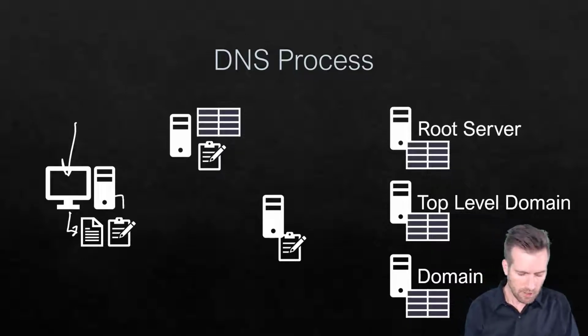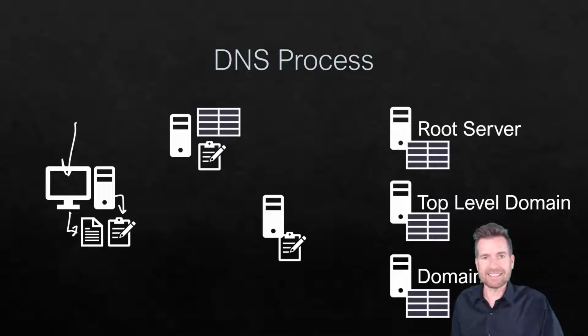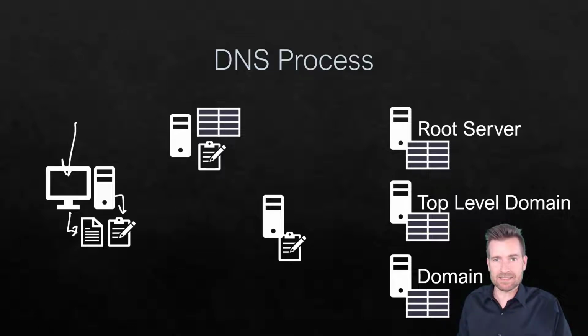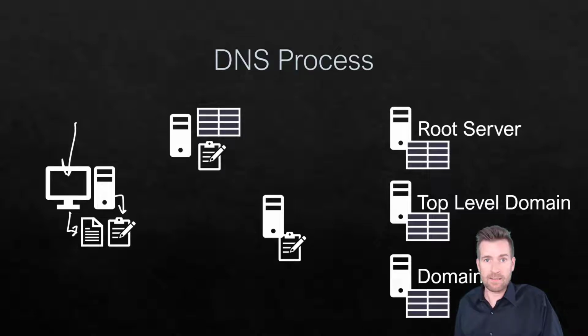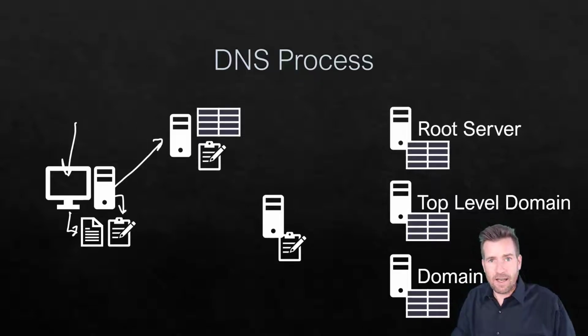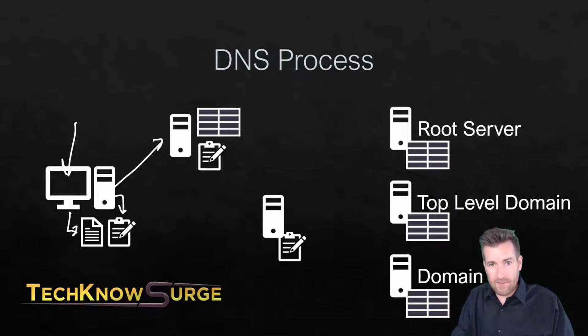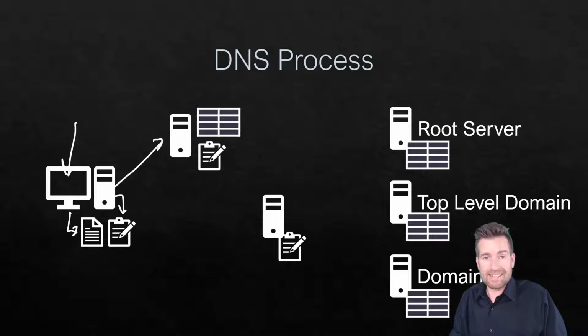All right, then I'm going to take a look in my cache and see if it's in my cache. Have I accessed this recently and it's in my cache? No, I've either not accessed it before, or my time to live on this record is gone and it no longer exists in my cache. So then it's going to go to the DNS server that's set on that machine, and it very well could be that that's the DNS server of your company.